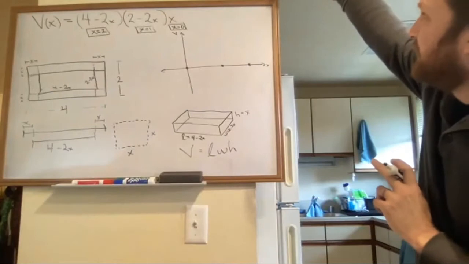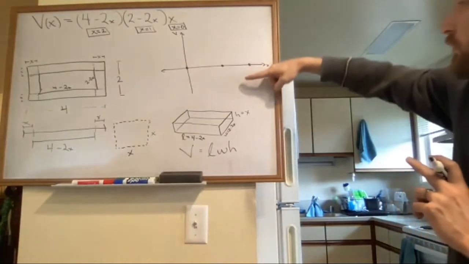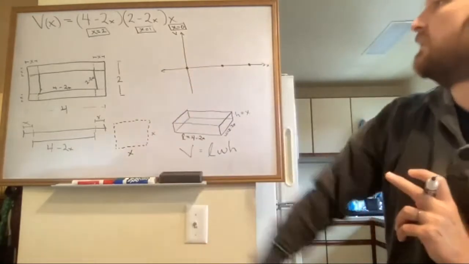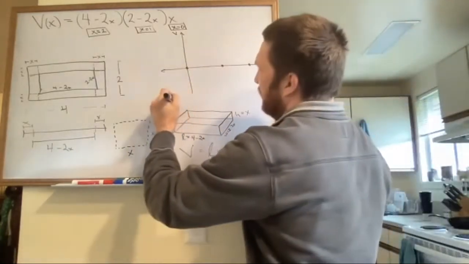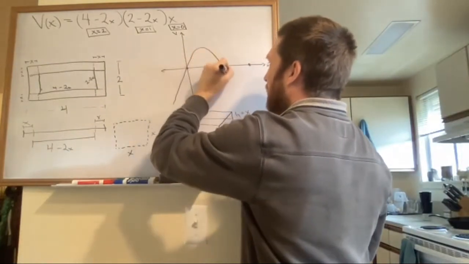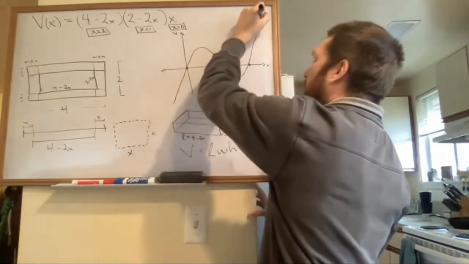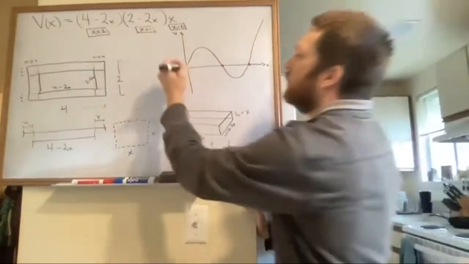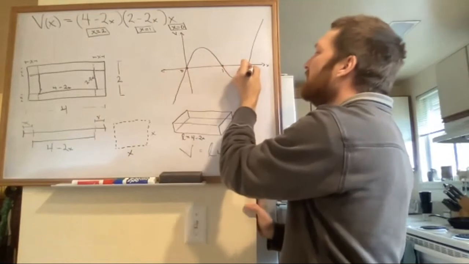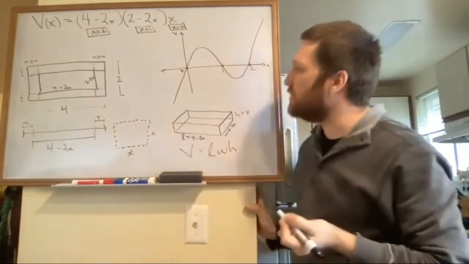And so it's going to come from up, go through, come down, go up, and then go back down like that. We will go into that in detail, but in general it's going to look like this. So this is when x is equal to 0. This is when x is equal to 1. This is when x is equal to 2.